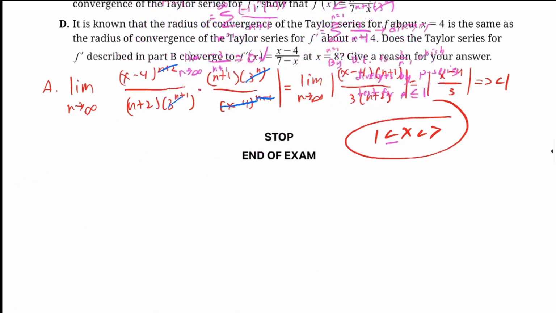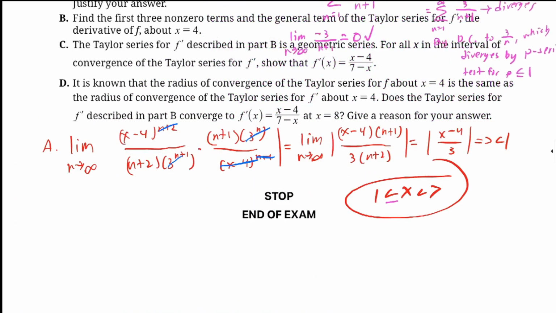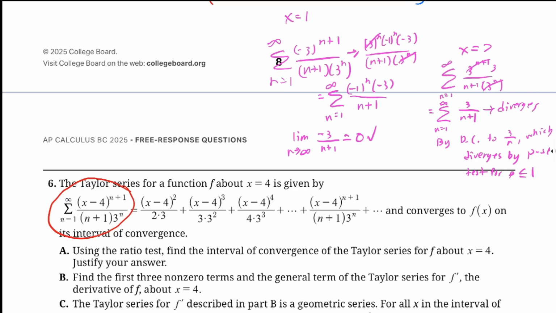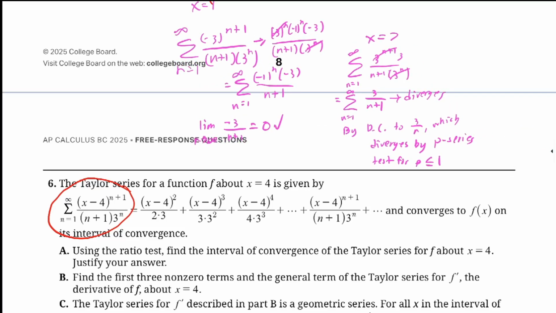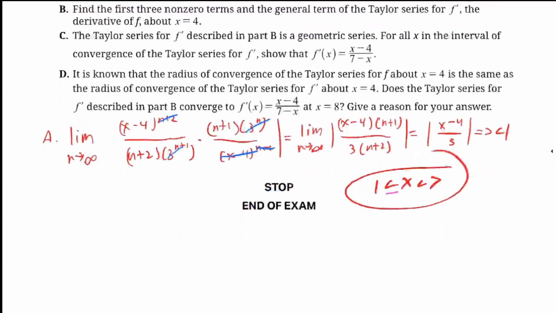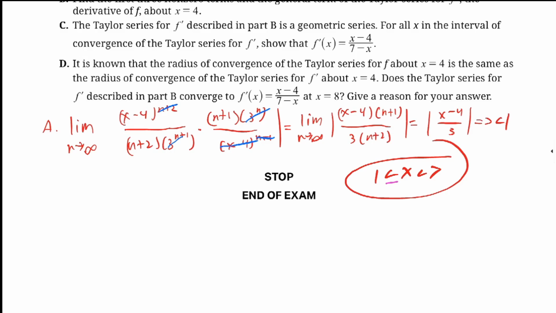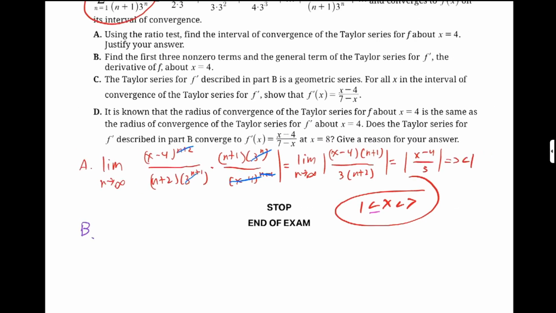I'm going to move all this craziness up here so I don't have to worry about it. Okay. So for part B, find the first 3 non-zero terms and the general term of the Taylor series for f prime, the derivative.